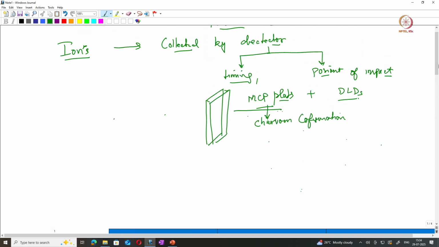Okay, so now we'll talk about the delay line detectors.